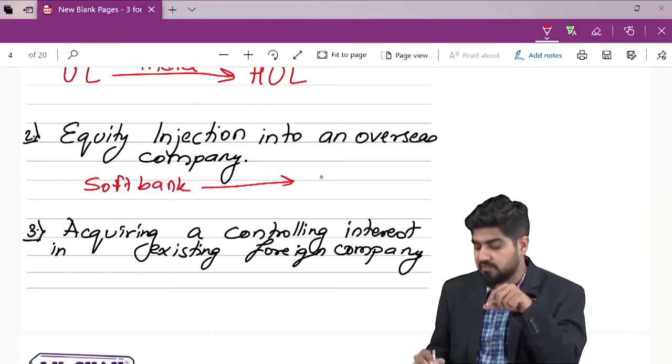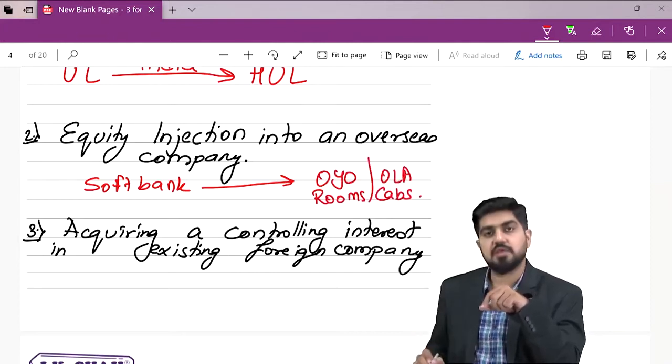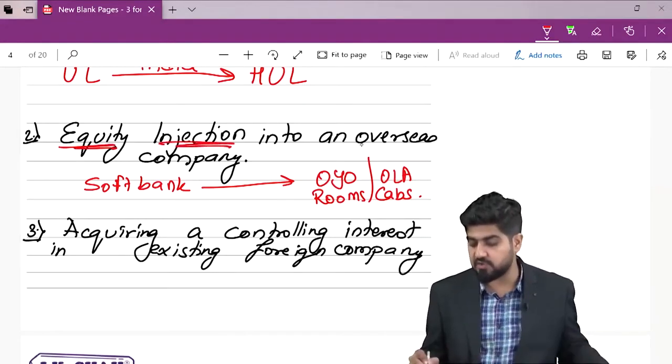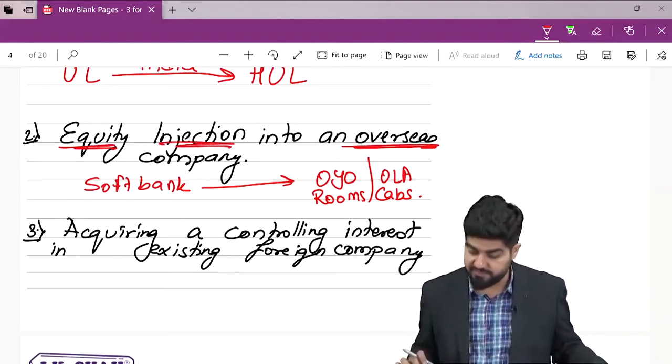Let's suppose they have invested in India in Oyo Rooms or in Ola Cabs. There is an equity injection, a monetary injection, into these companies. That is the second mode of FDI.